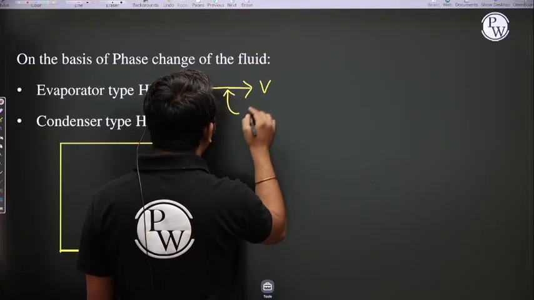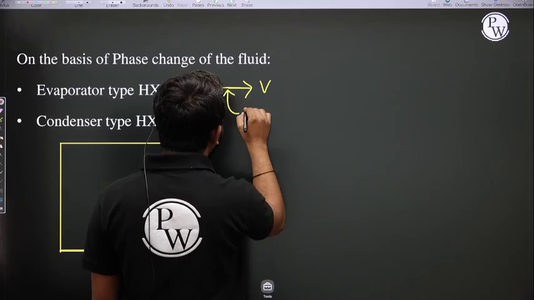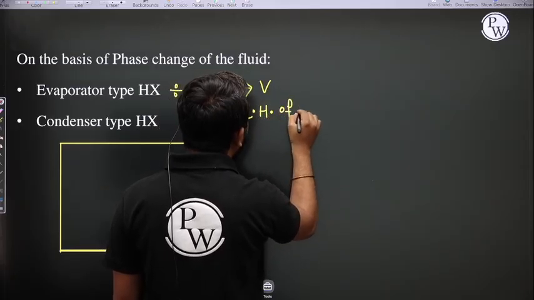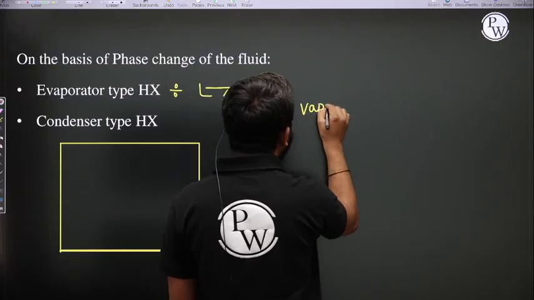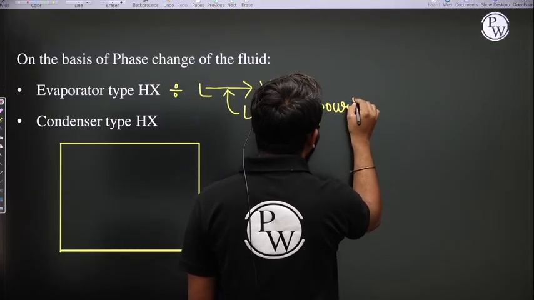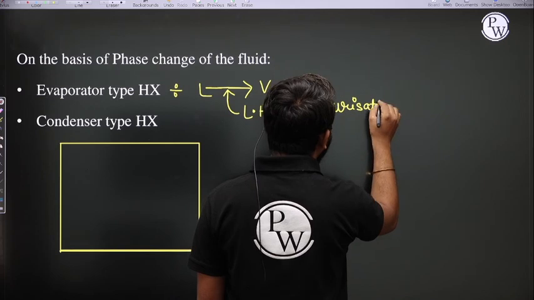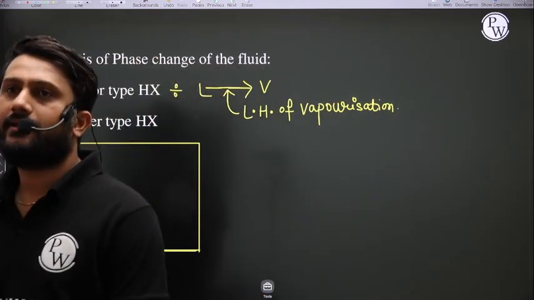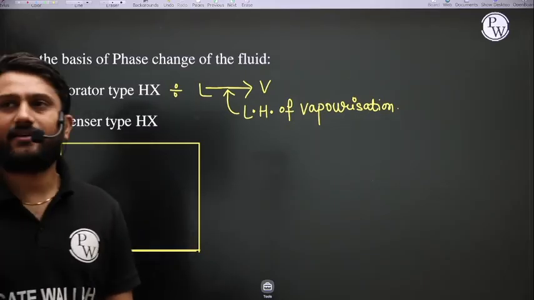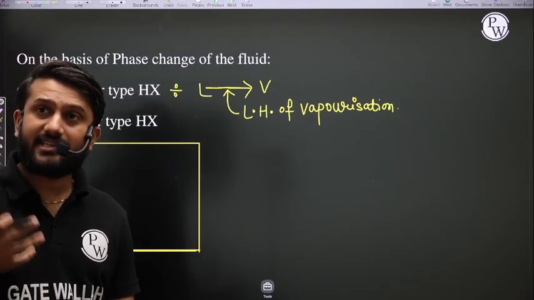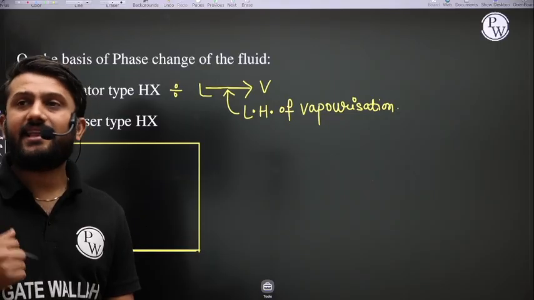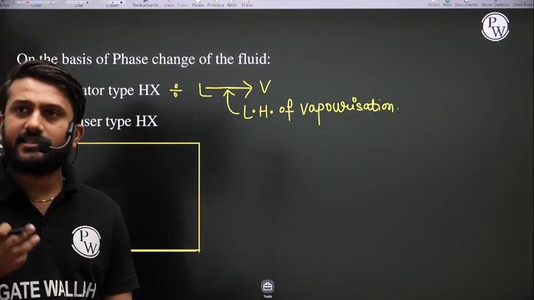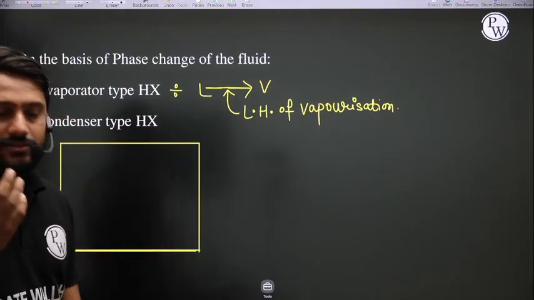To convert the liquid into vapor, the latent heat of vaporization is required. So from where is the liquid getting the latent heat of vaporization?